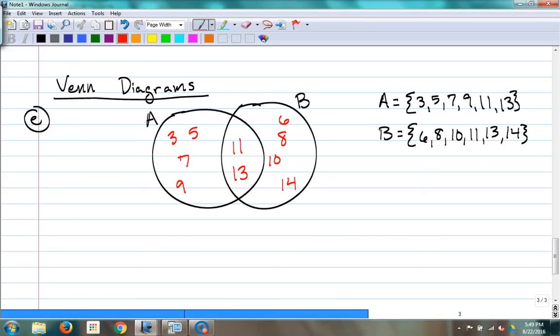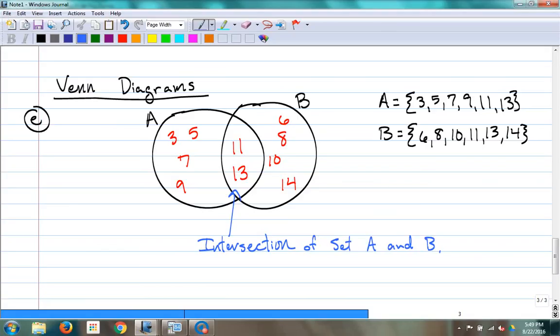So what we have here is an overlapping set. That overlap is called the intersection of set A and B. So a Venn diagram can be helpful in seeing that.